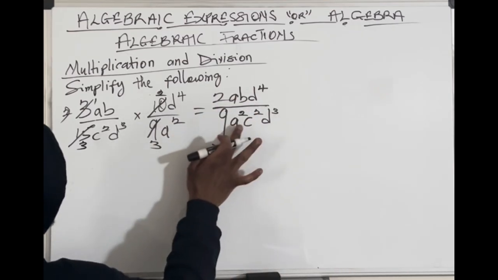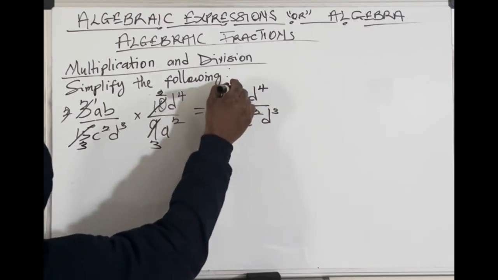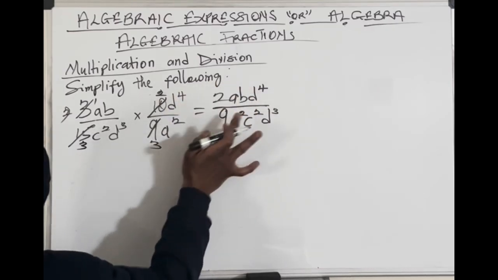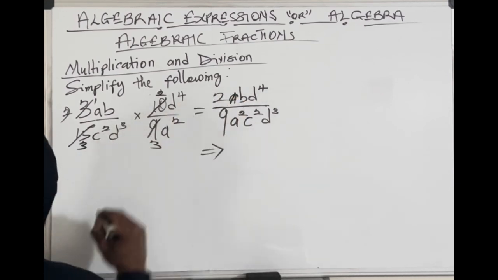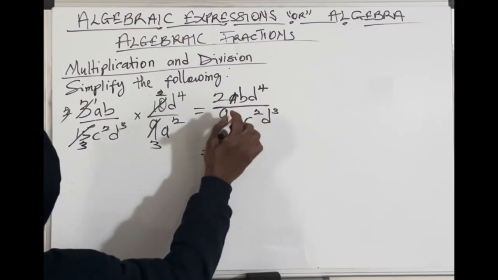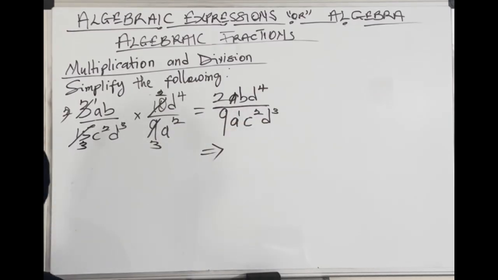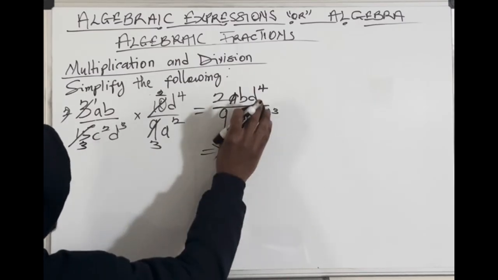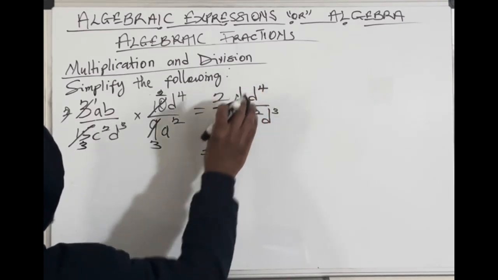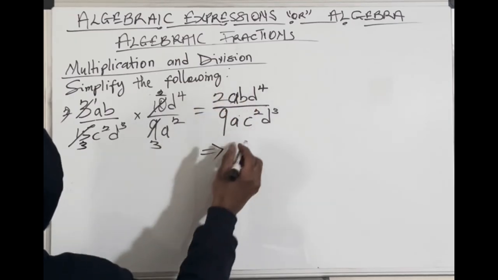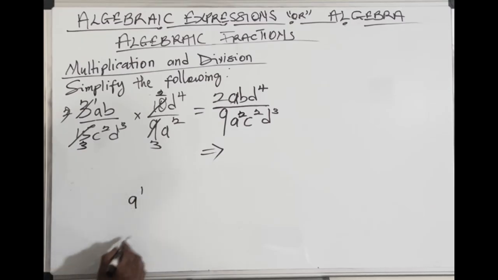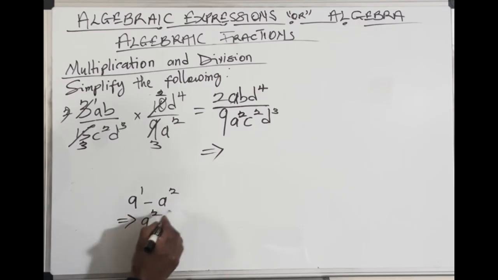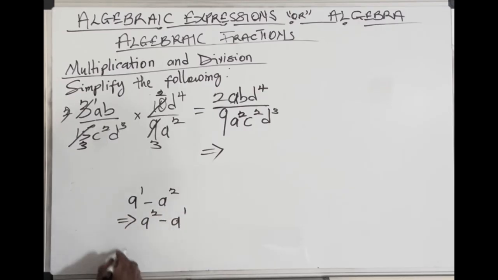So a, invisible 1, subtracted from a squared, we get what? A. And so this a will be cancelled. And right now we have a^1 here. I hope I didn't confuse you. I'll go over it again. So we have 2a, and then we have square. So a squared minus a raised to the power 1.